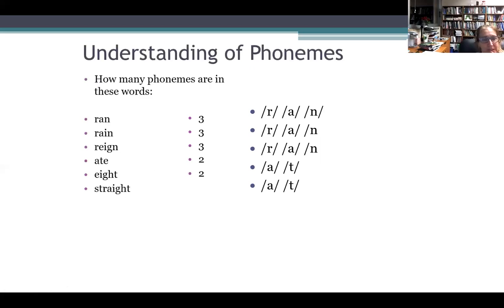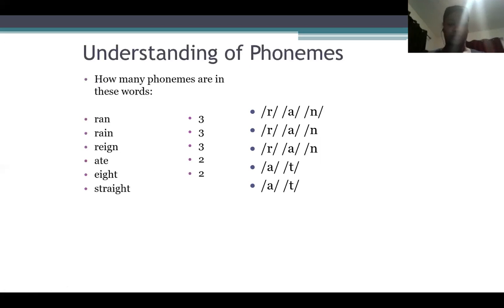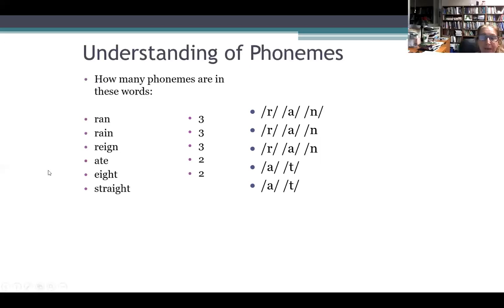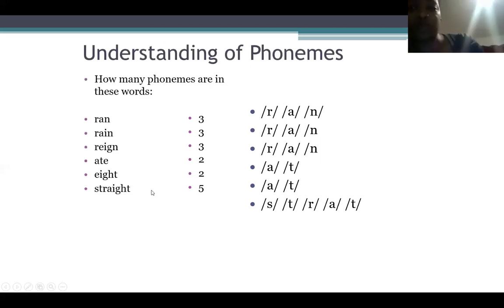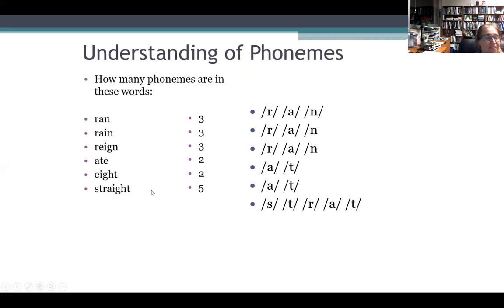Straight. 3. Now remember your consonant blends? Straight. Each letter has its own sound. 1, 2, 3, 4, 5 phonemes. Caught you on one of them. The rest you did great.